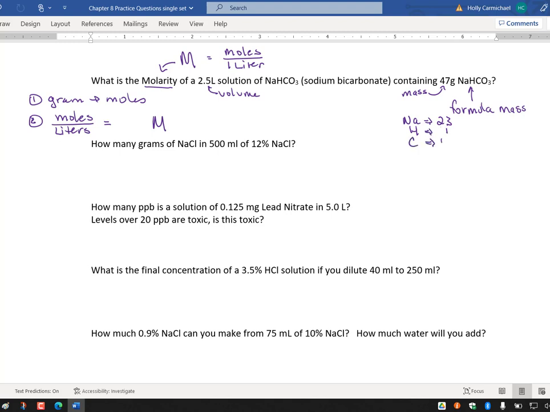Carbon is 12. Oxygen, there are 3 of them. Each oxygen weighs 16 and there's 3, so that's a total of 48. I'm just adding up the mass of each of the atoms in the formula. So 23 plus 1 is 24, plus 12 is 36, plus 48 is 84.